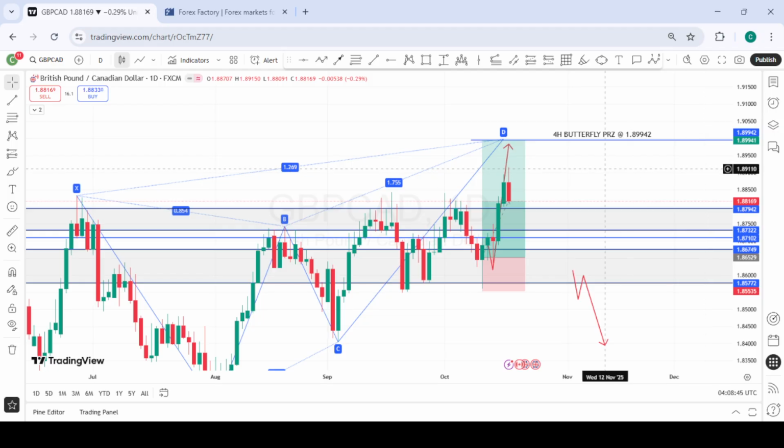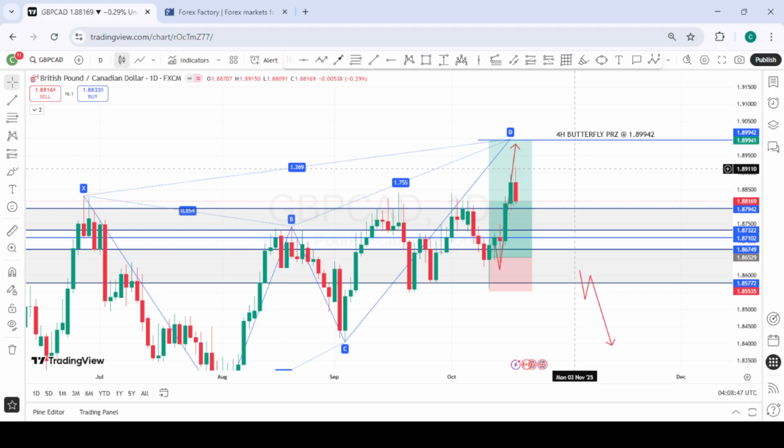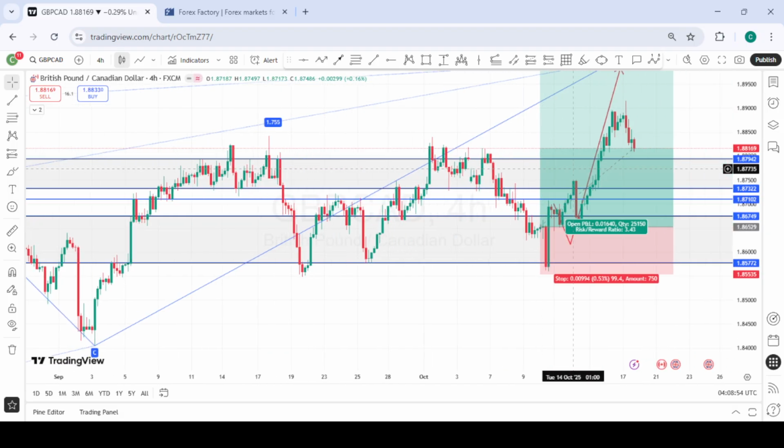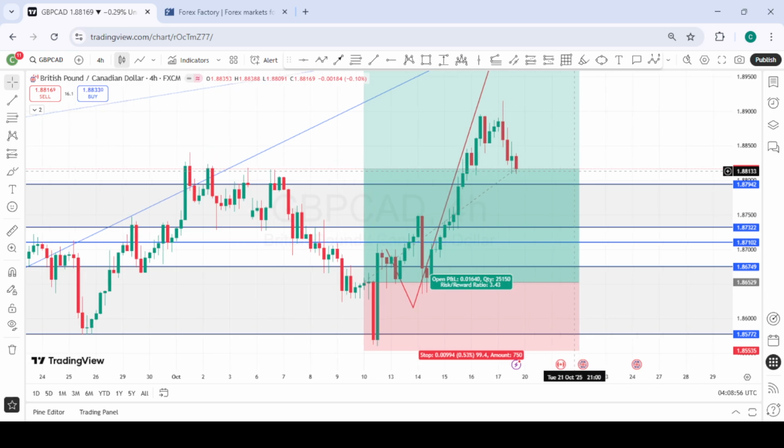Last week we had a setup from GBPCAD where we were expecting a higher low formation from the reaction we had from the area of interest, where we had this strong bullish engulfing candle, which broke this 4-hour structure. So we were waiting for a pullback to retest this 4-hour structure to give us an entry.